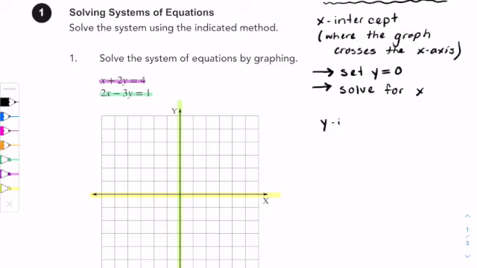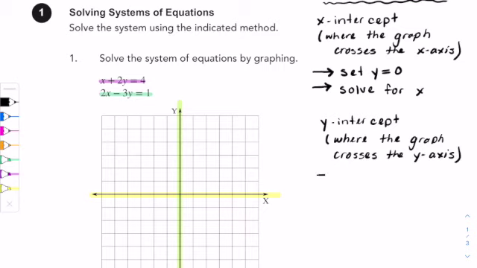To find the y-intercept, it's a similar process. Real quick, the y-intercept is where the graph crosses the y-axis. Similar to the x-intercept, but using the opposite variables. So in order to find the y-intercept, you would set x equal to 0, and once you do that, you would solve for y.